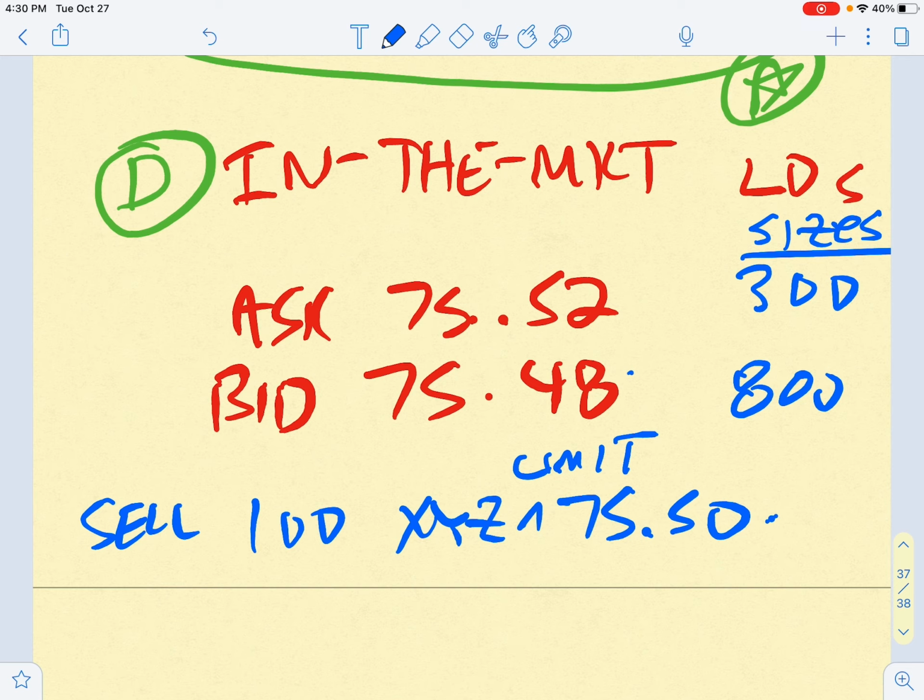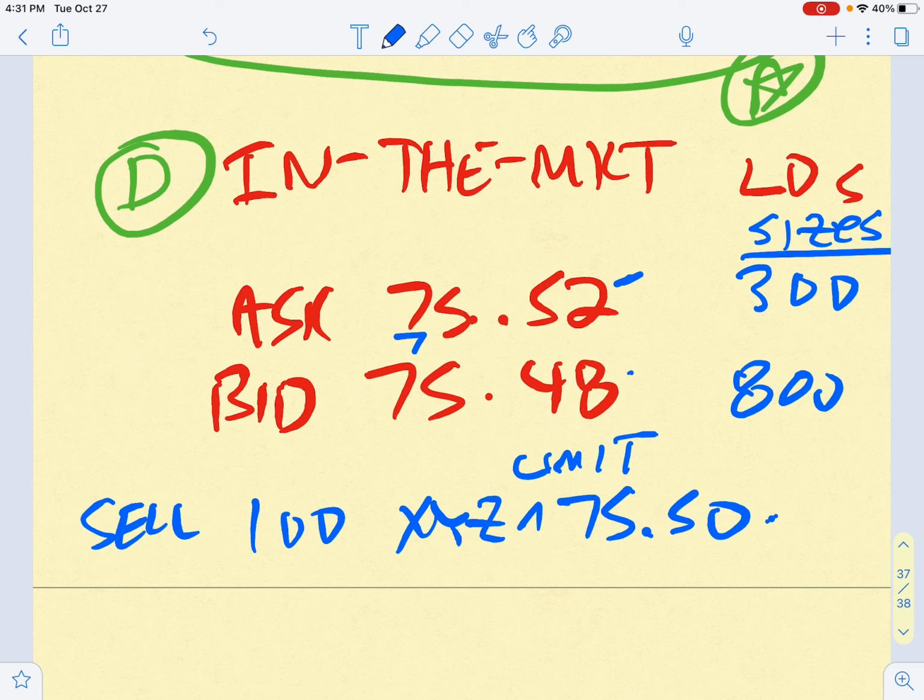Something very interesting has happened here. What has happened is that this is not the lowest price at which anybody is willing to sell shares. In fact, now someone's willing to sell at 75.50.